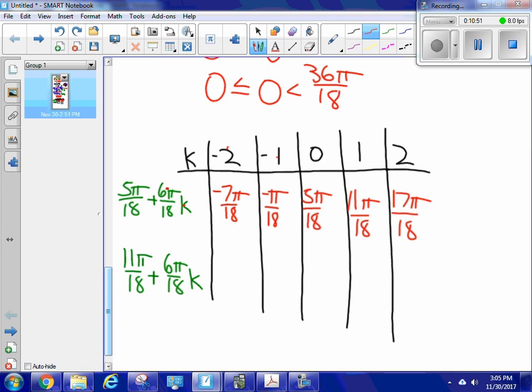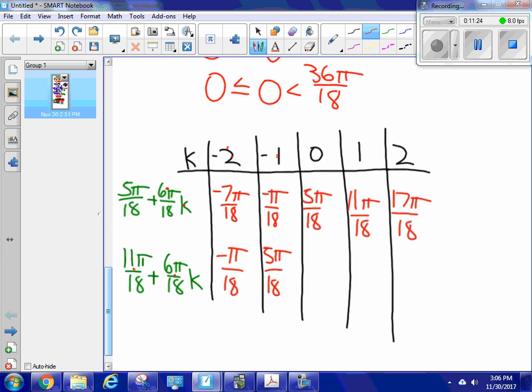And now I'm going to do it with my 11 pi over 18 plus 6 pi over 18k. So again, negative 2 times 6 pi is negative 12 pi plus 11 pi. That would give me negative pi over 18. I do the negative 1. Negative 1 times 6 pi is negative 6, plus 11, that gives me 5 pi over 18.